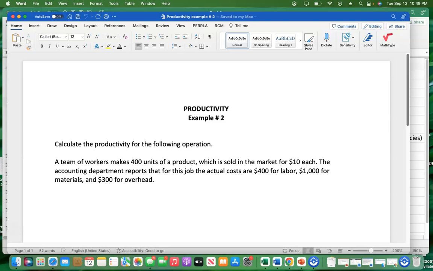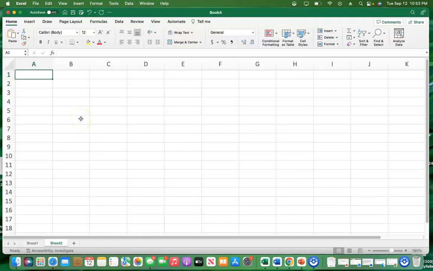So you can see that we have more than one input. Therefore, if we have to calculate productivity of the overall cost, it means that we're going to look at the multi-factor productivity. And so we're going to use Excel to approach this question as follows.